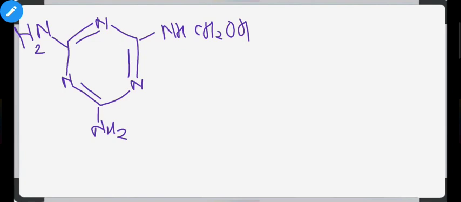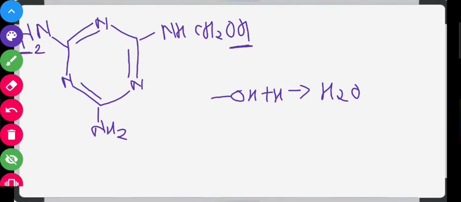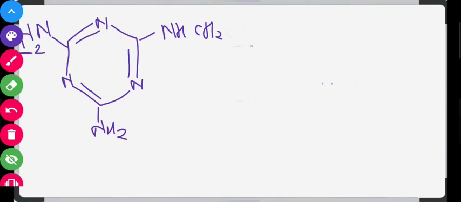Now this intermediate molecule will behave as a monomer for the second step reaction, and the same type of molecule will combine with each other continuously. From one side, as we can see, it contains an alcoholic group, so it will release the OH part, and from the other side it will release hydrogen from NH2. That means it will release an H2O molecule, and this type of molecule will combine with each other continuously, and it will release the OH group from here and one of the hydrogens from here.